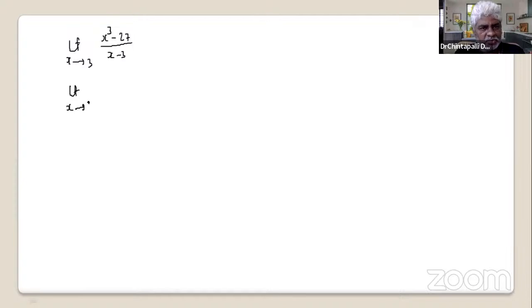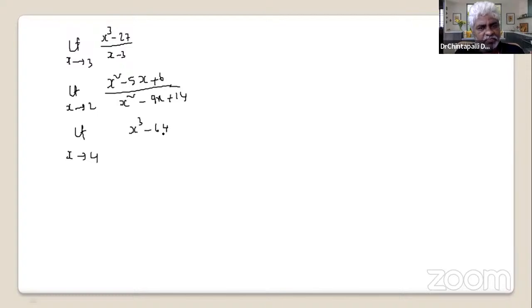Limit x tends to 2 of x square minus 5x plus 6 by x square minus 9x plus 40. Limit x tends to 4 of x cube minus 64 by x square minus 7x plus 12. Try these 5 sums as homework.